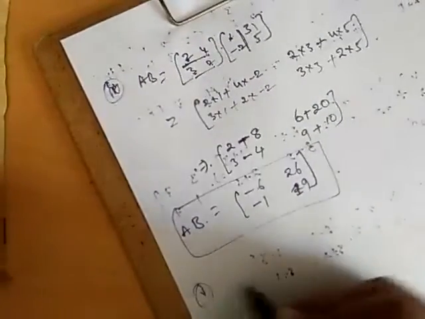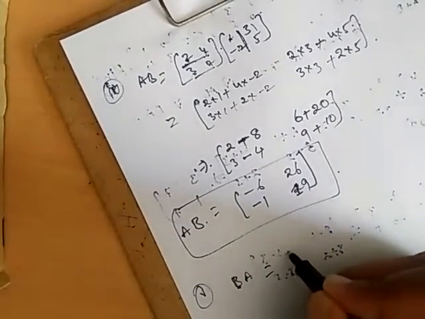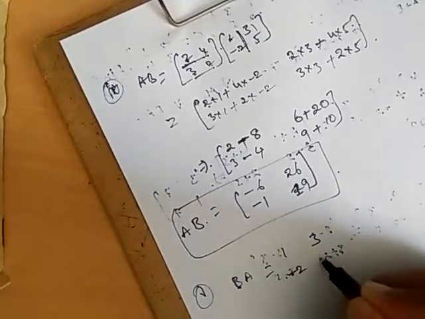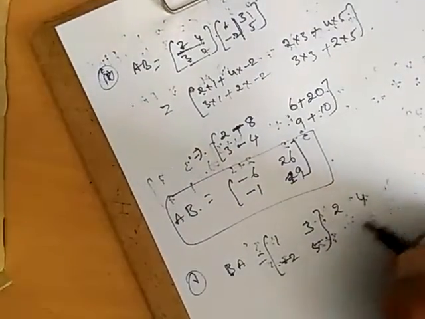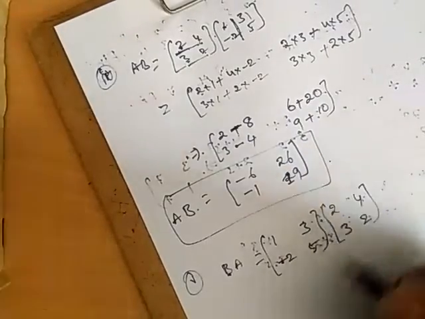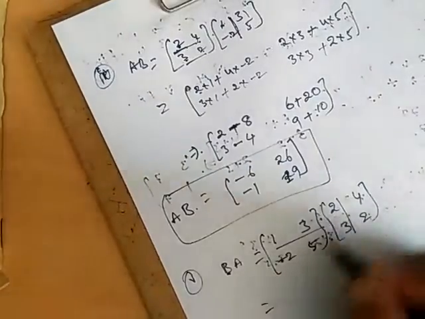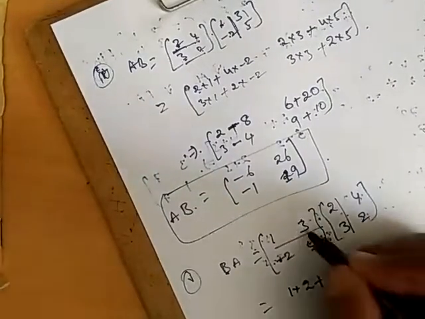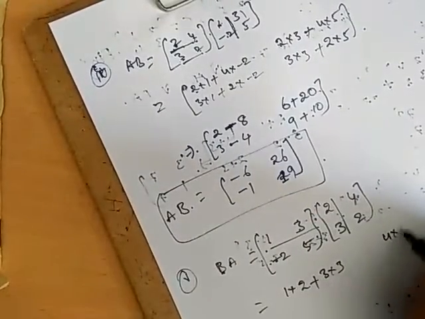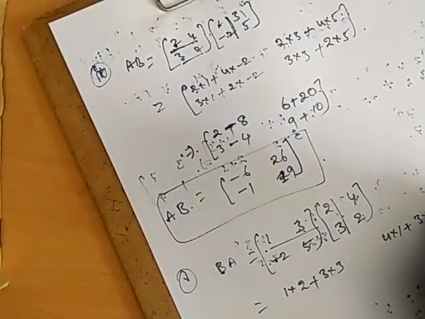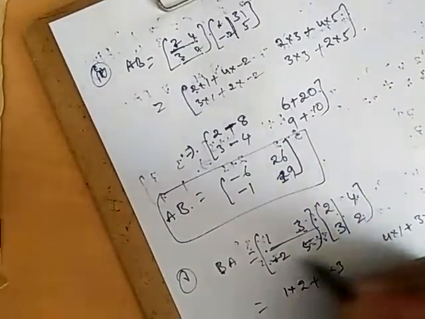Next, fifth one, B into A. Now, B matrix is the first matrix, 1, 3, minus 2, 5. Next, 2, 4, 3, 2 is the second matrix. Same process, row, column: 1 into 2 plus 3 into 3, 1 into 4 plus 3 into 2. First row, first column. First row, second column.